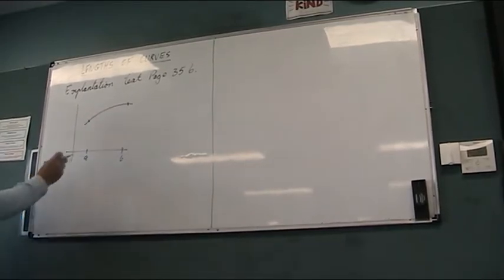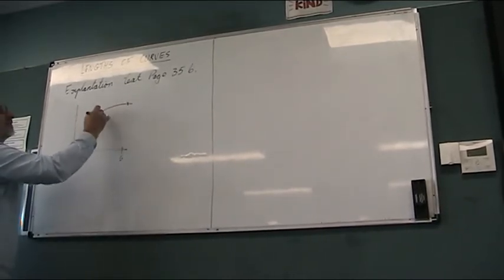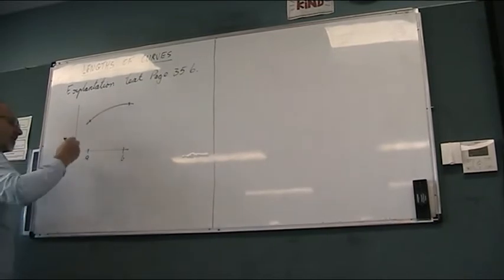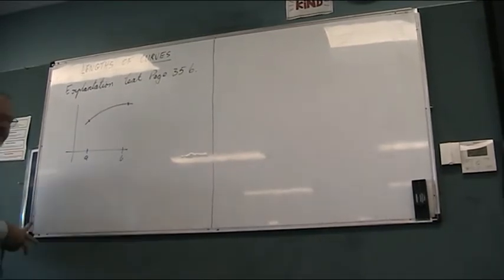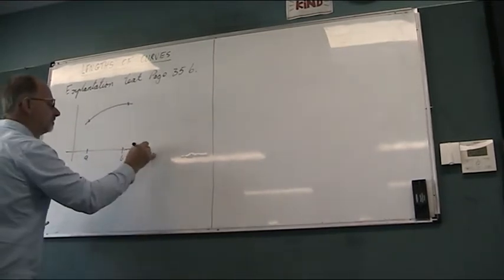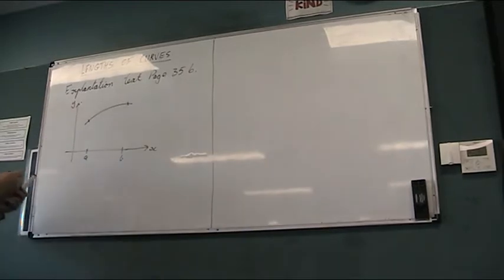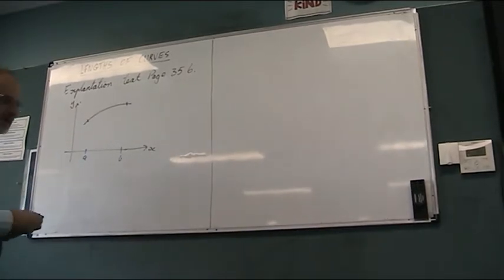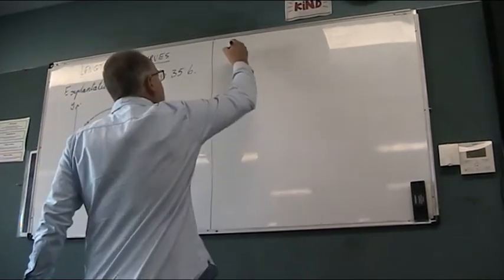Basically, if you break it up into bits of straight lines and then you put more straight lines in there, you can then use calculus to help you out. So, what you get then is this.